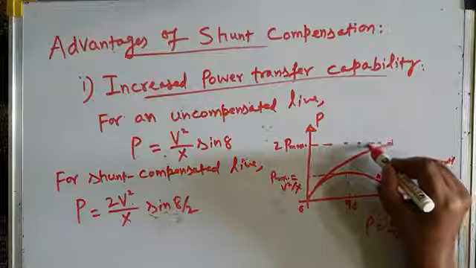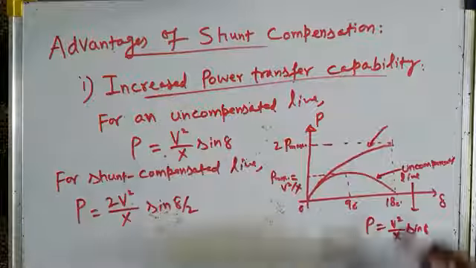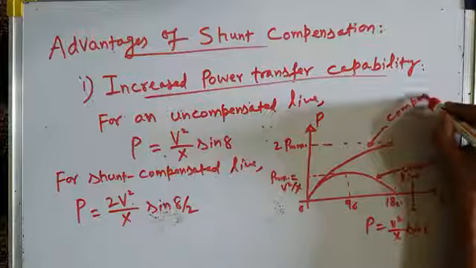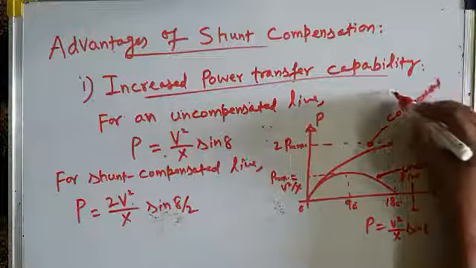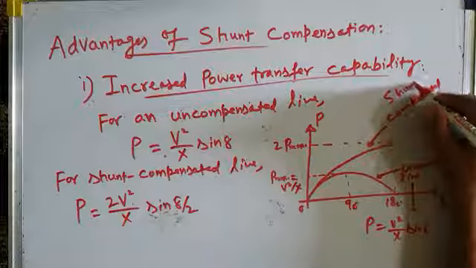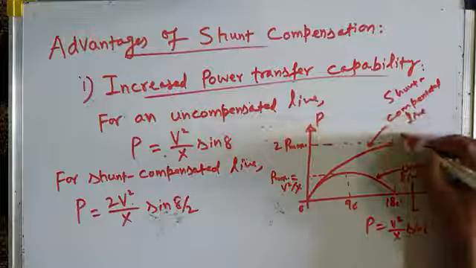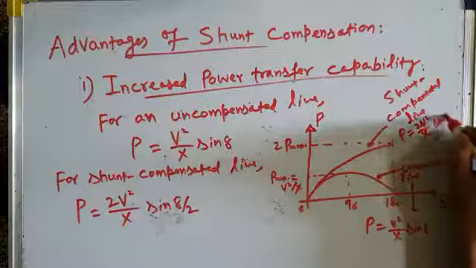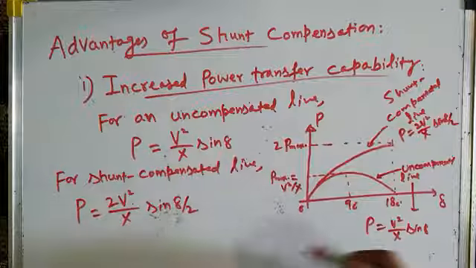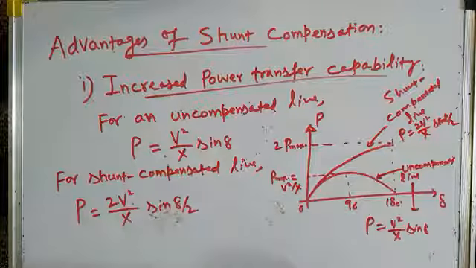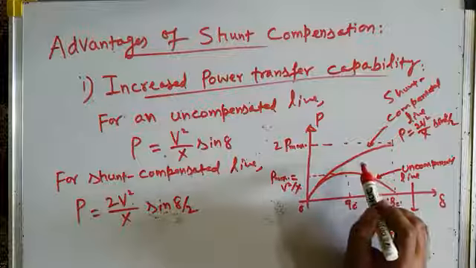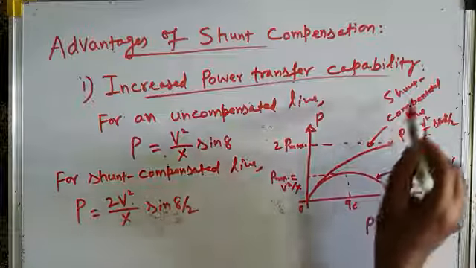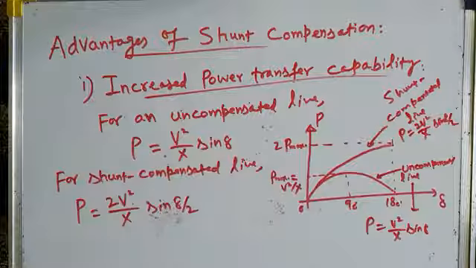And this is the power angle characteristic for the shunt compensated line, for which the power carried is 2V square by X sine delta by 2. Therefore, for the same transmission angle delta, more power can be carried by a particular transmission line if it is compensated by a shunt compensator.